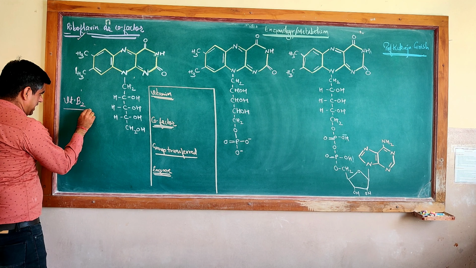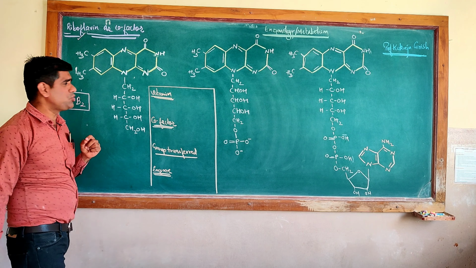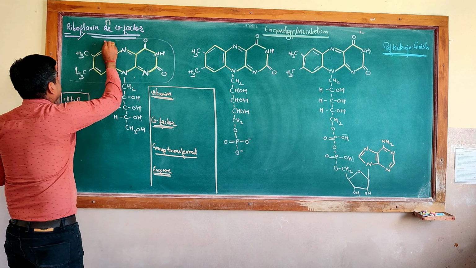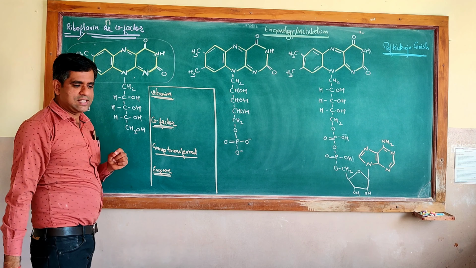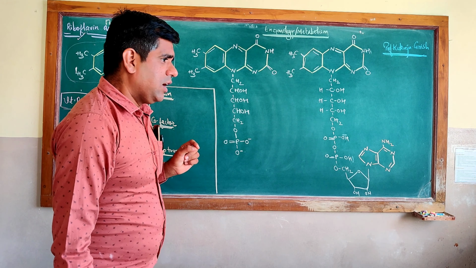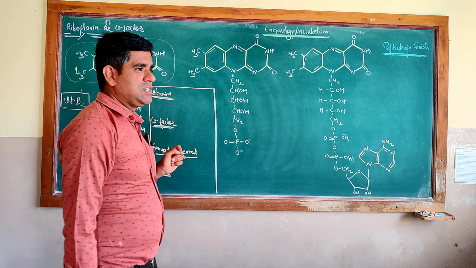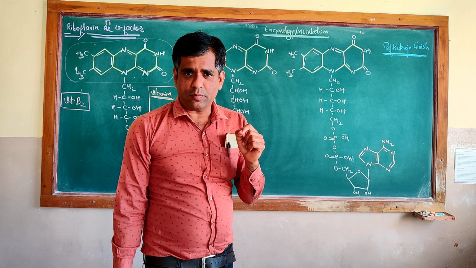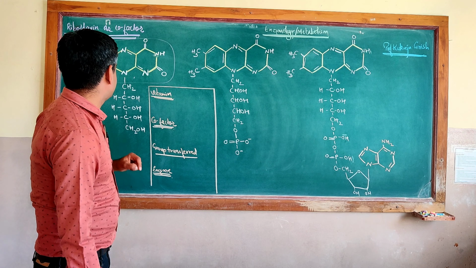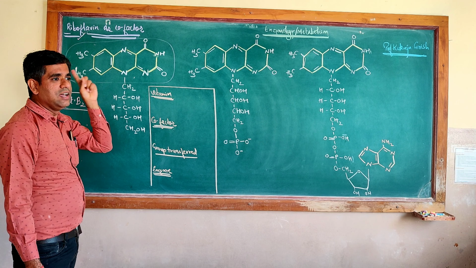Now this particular vitamin riboflavin, as you can see here, comprises a peculiar ring system which is referred to as the isoalloxazine ring system. This vitamin gives an intense yellow color, and this intense yellow color is because of the isoalloxazine ring system.